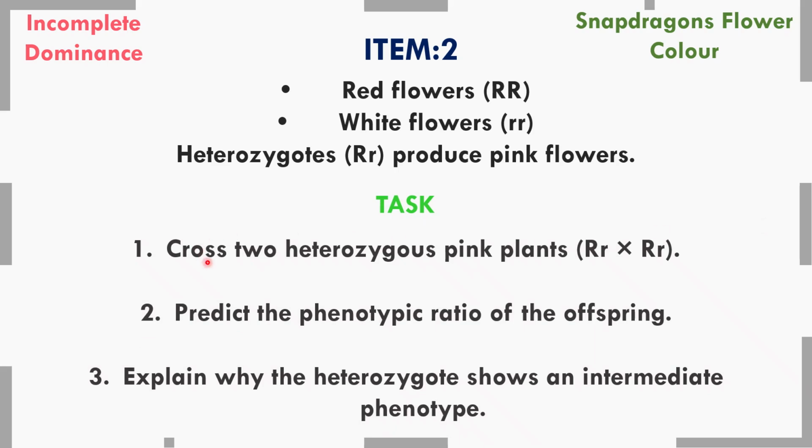Task. Cross two heterozygote pink flowers, capital R small r crossed with capital R small r. Predict the phenotypic ratio of the offspring. Explain why the heterozygote shows an intermediate phenotype.